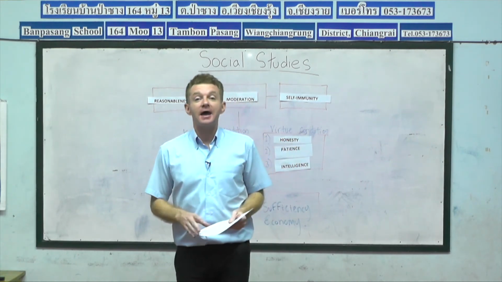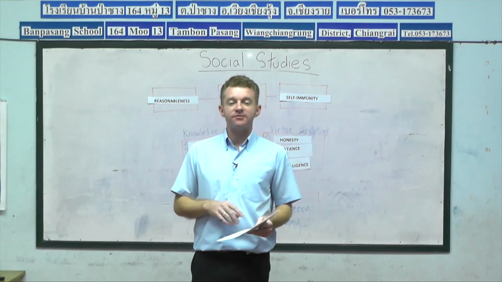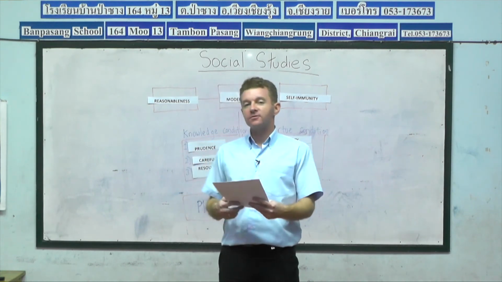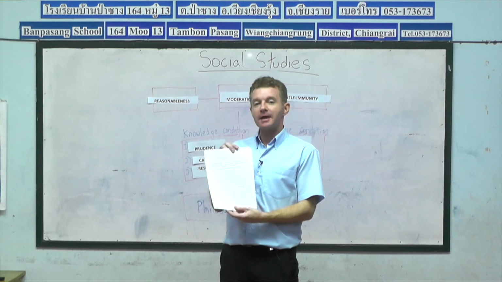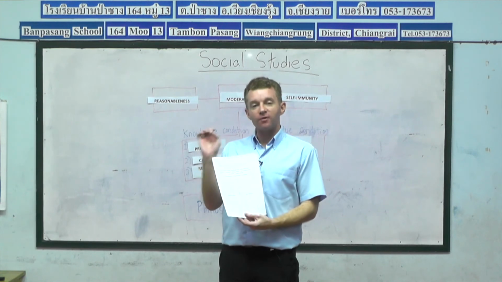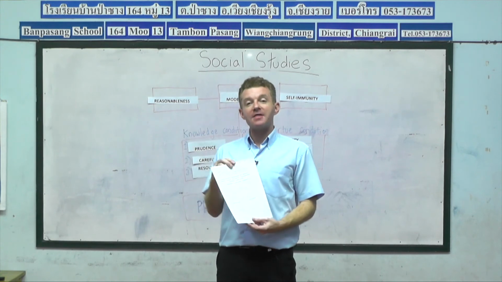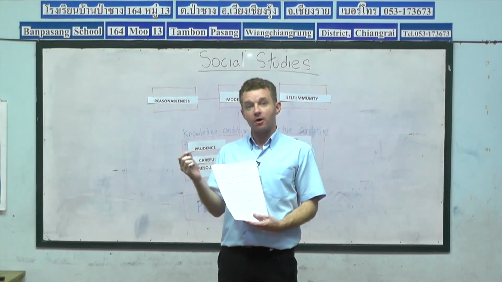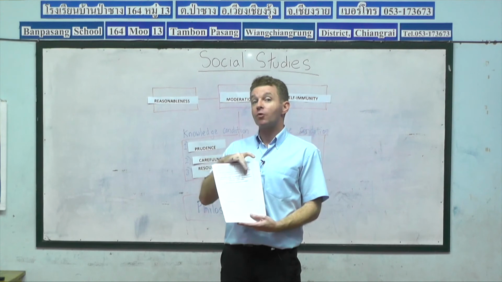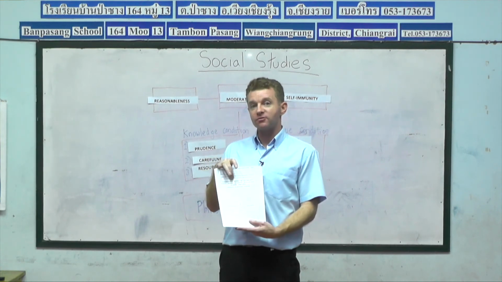And now it's time for our worksheet part of the lesson. What we're asking our students to do today is create their own table of the philosophy of sufficiency economy, just like we've done together on the board exercise with the flashcards. We've got the correct vocabulary in the word box for our students.